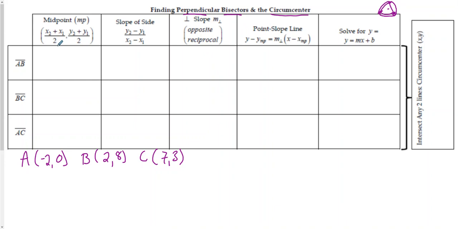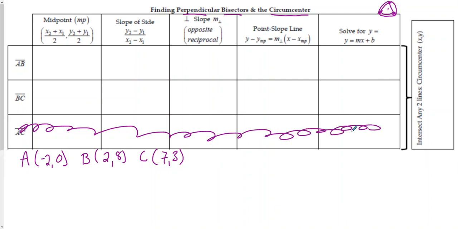So let's start with the midpoint, because that's where the perpendicular bisector will cross. We're not actually going to do all 3 of these. You only need to do 2. The third one will go through the same point. So let's just look at AB. The midpoint of AB is going to be -2 plus 2 over 2, and 0 plus 8 over 2.